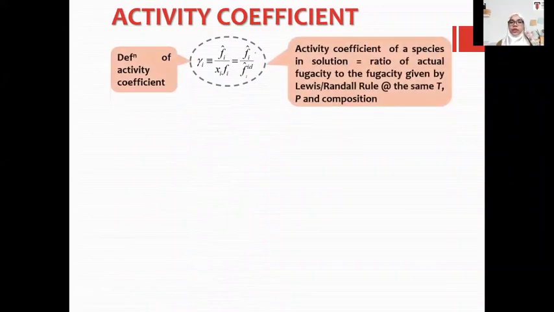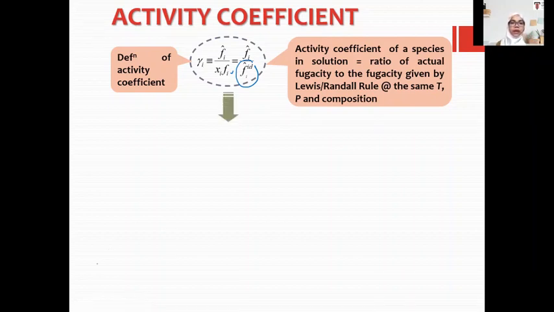Based on the Lewis-Randall rule, the fugacity of a species in an ideal solution is equal to its mole fraction. So this is the definition of the Lewis-Randall rule, applicable at the same temperature, pressure, and composition.